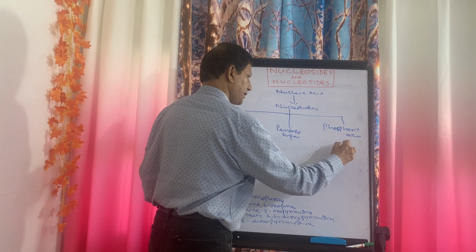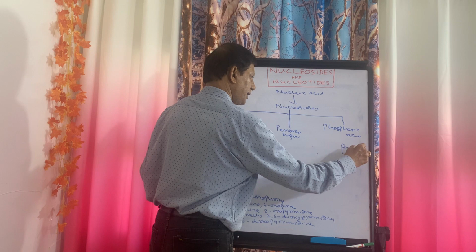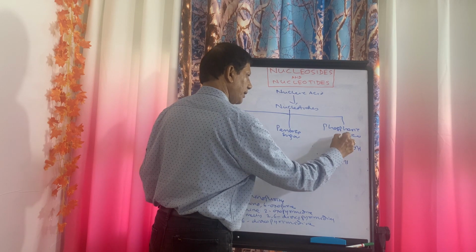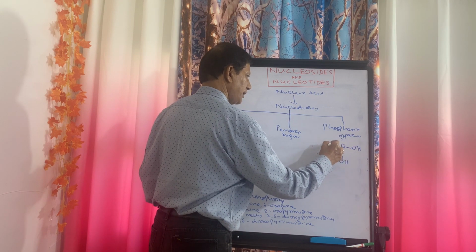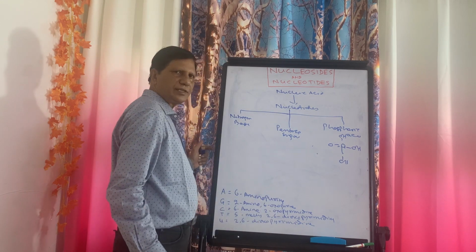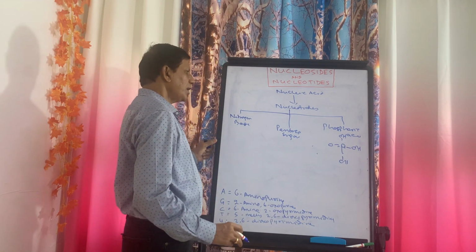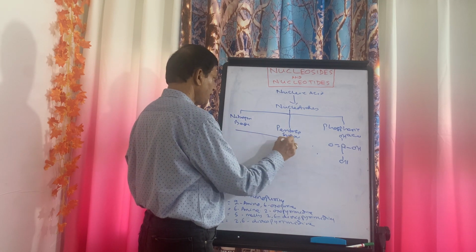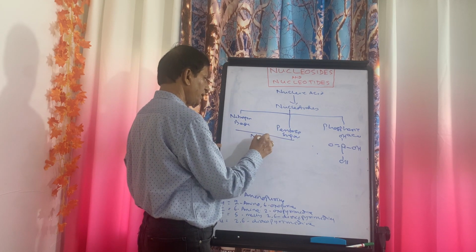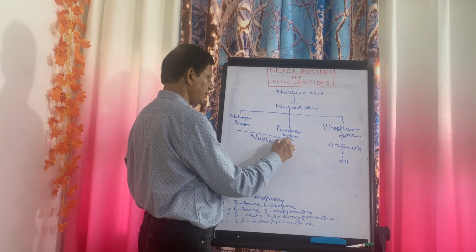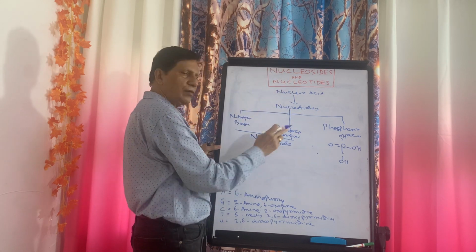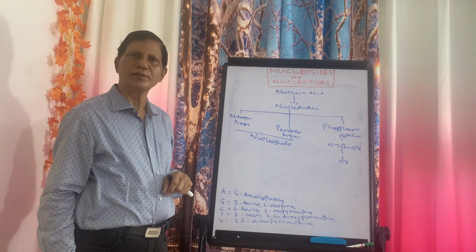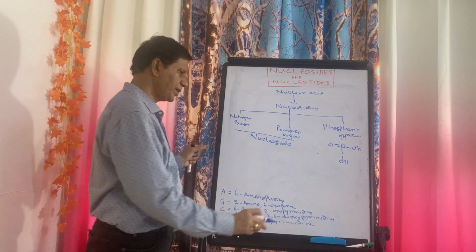This phosphoric acid, H3PO4, has hydroxyl groups on three sides, and on one side there is one oxygen. Now, when nitrogen base and pentose sugar combine together, they give rise to a nucleoside, the first one. And when a phosphoric acid is attached to it, it gives rise to a nucleotide.